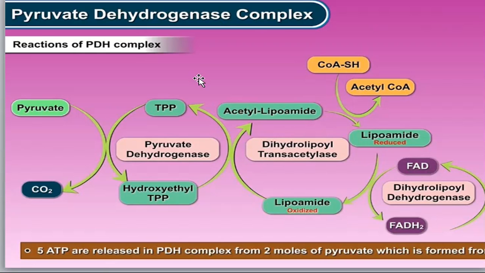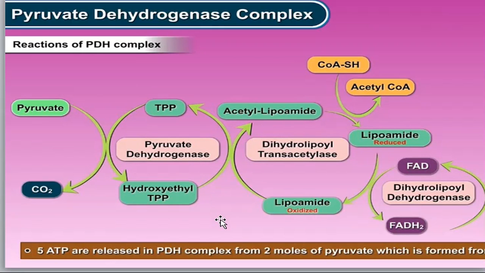The important things to be noted further are the cofactors of pyruvate dehydrogenase. TPP, lipoic acid, FAD and NAD are important cofactors of the pyruvate dehydrogenase complex, which are derived from the B complex vitamins.